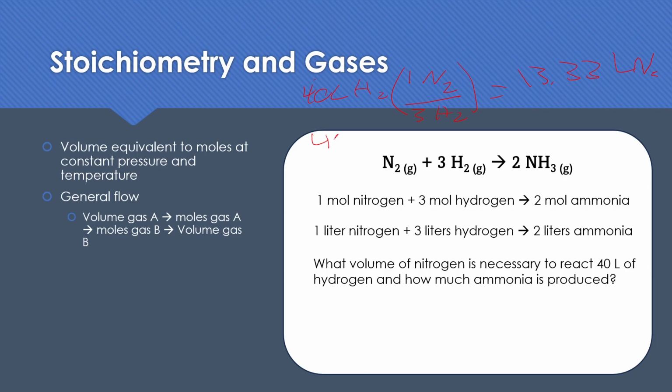And if I've got 40 liters of hydrogen and I want to know how much ammonia I'm making, well, it's 2 ammonias per 3 hydrogens, and that gives me 26.67 liters of ammonia.